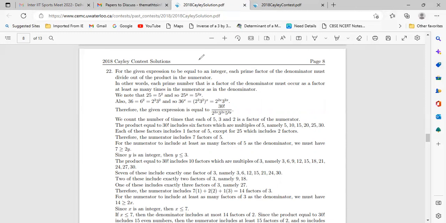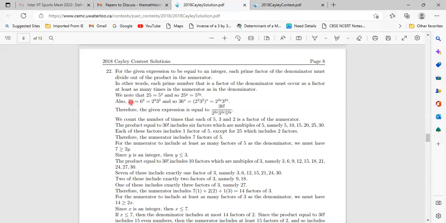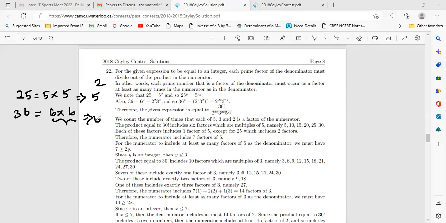So what they're trying to say is, if you look at the denominator 36 and 25, their factors can be written as 5 times 5, and for 36 you can write it as 6 times 6. This will give you 5 square, and for 36 you do have 6 square, right?